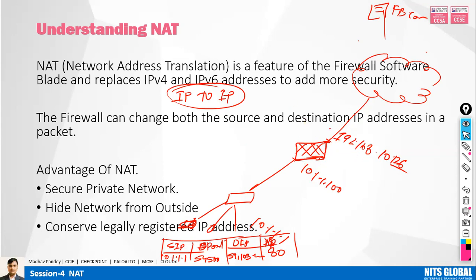Right now your source IP address is this one, so the translation would be this IP address, which takes your query on behalf of this source. So your source IP address would be 192.168.10.126. Your destination IP will remain the same, the 59 dot something Facebook IP address. And this packet will go.